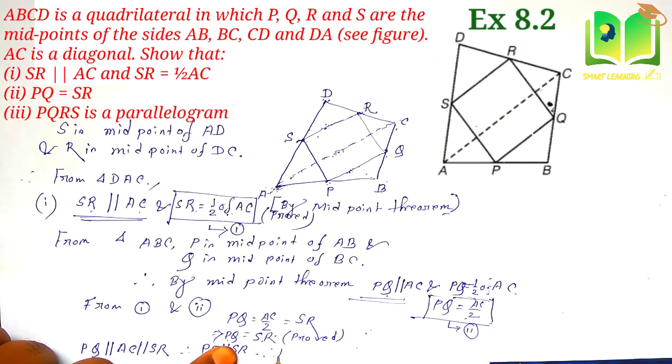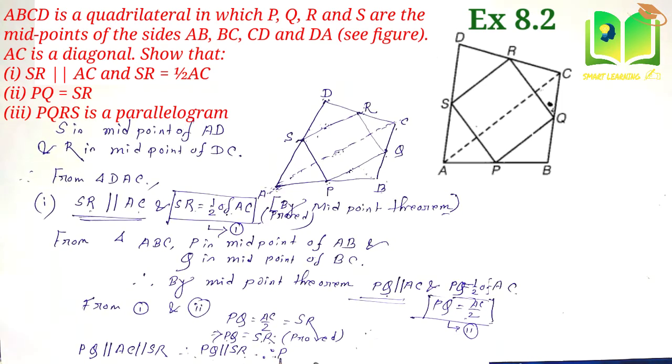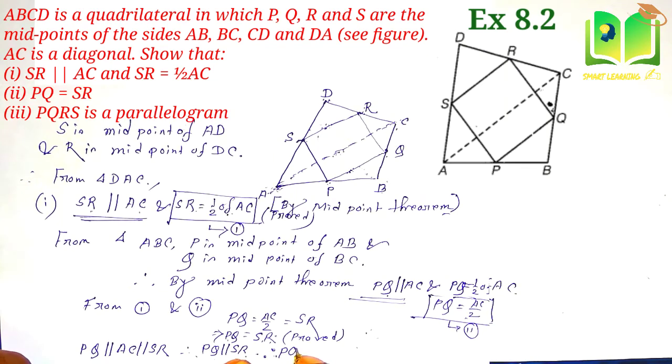So you can write here, therefore, as PQ equals SR and PQ parallel to SR, PQRS is a parallelogram.